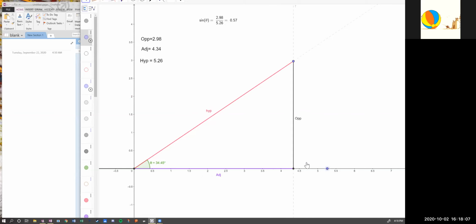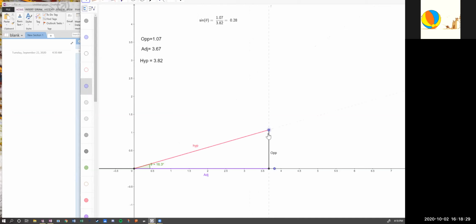But notice what happens with that ratio. That ratio of 0.57 doesn't change. That ratio of 0.57 is dependent on the angle and only the angle. We might say it is scale invariant. It doesn't change based on the scale we're at. If we change the angle, we change the value, but even so, that new value is still scale invariant.